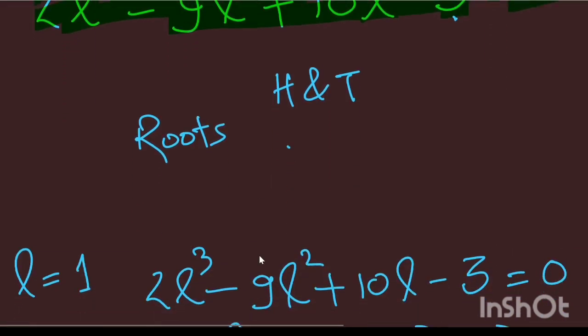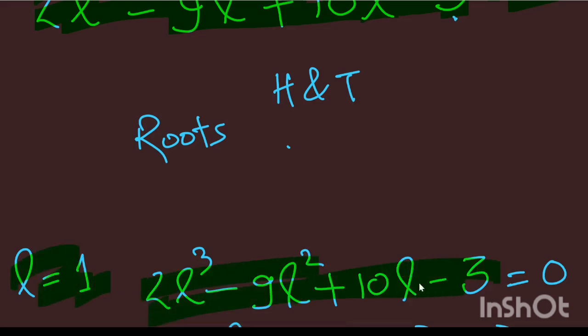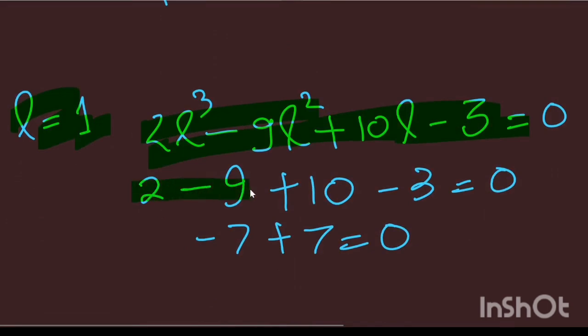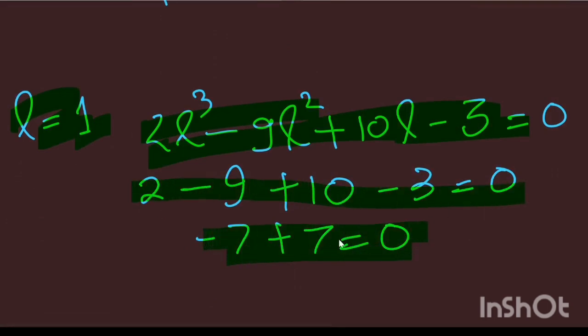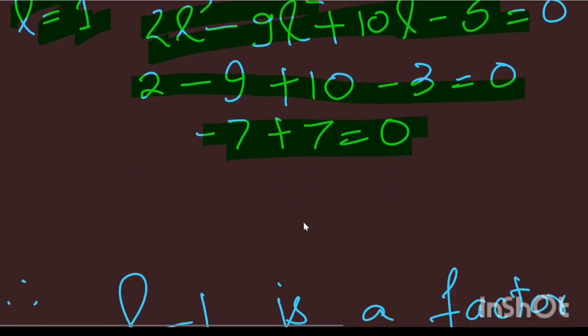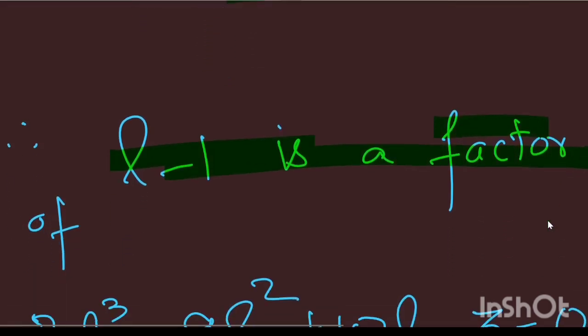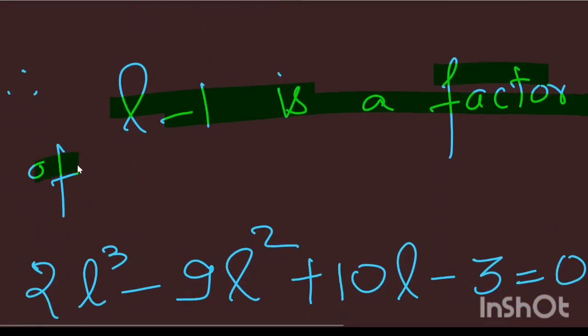Fortunately, if you start with L equals to 1 and substitute it in this equation, it will satisfy it. Minus 7 plus 7 equals to 0. So L equals to 1 is a root, which means, guys, L minus 1 is a factor of this polynomial.